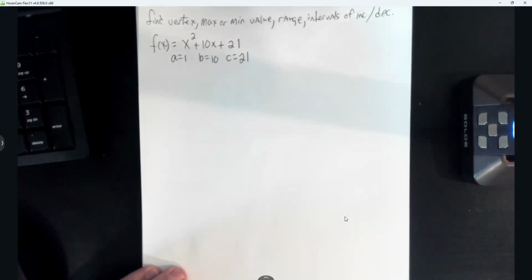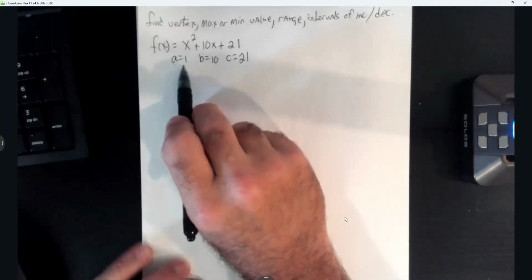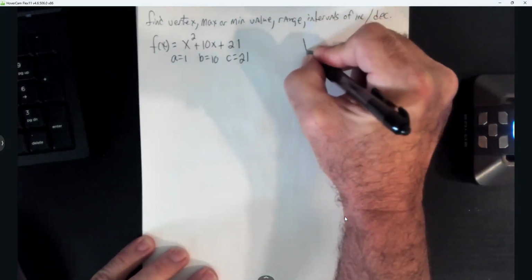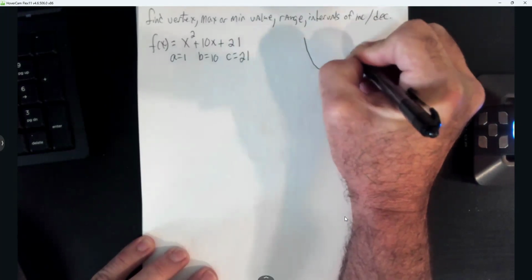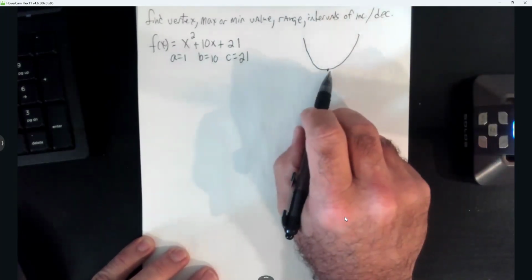On this graph, will I have a maximum point or will I have a minimum point? So I got a minimum. Good job, because that A is positive, and we said positive is going to create a minimum on my graph. So I know I got a minimum, okay?